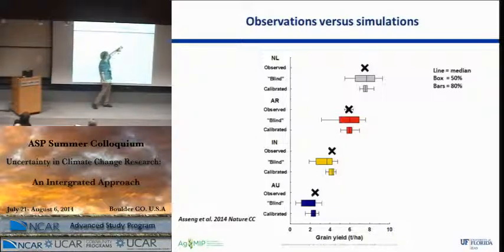And now it becomes even more clear that the median comes very close to the observed data point. Sometimes it's median or average, that seems to hold not just for the yield data, it also seems to hold for other parts of the system, like biomass data, nitrogen uptake data, ET data.